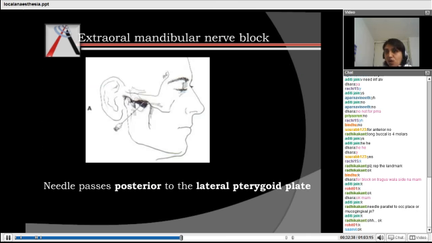So that's the Akinosi technique. That's a closed mouth technique. For the closed mouth technique, that is why we keep the teeth clenched. Then we have the extraoral mandibular nerve block. In the extraoral mandibular nerve block, we palpate the mandibular notch here. You all know this notch?